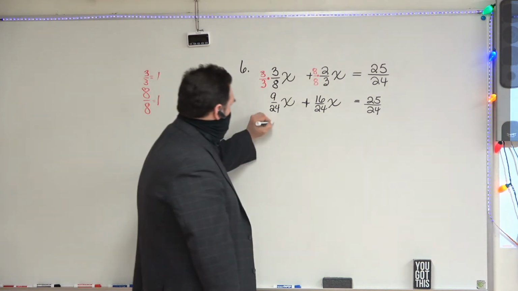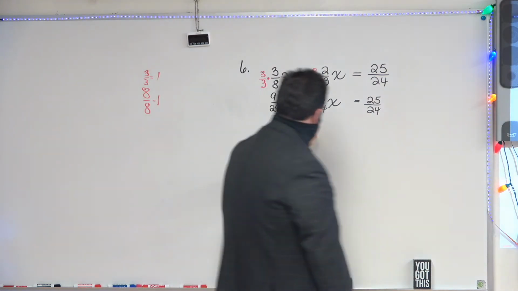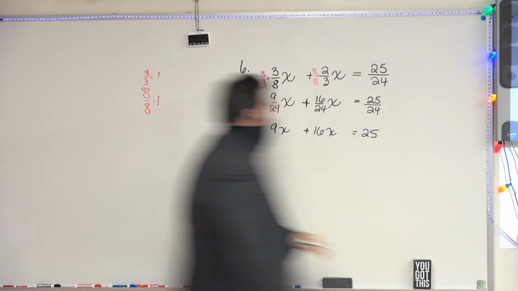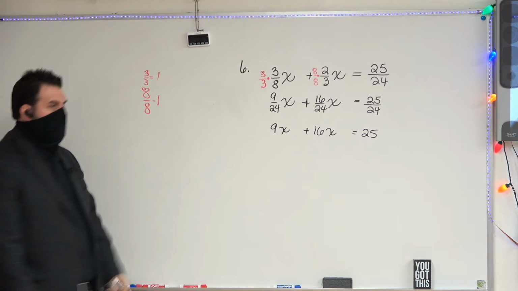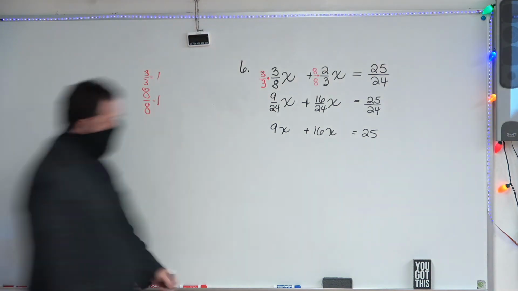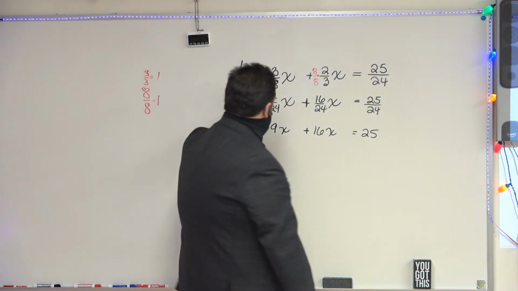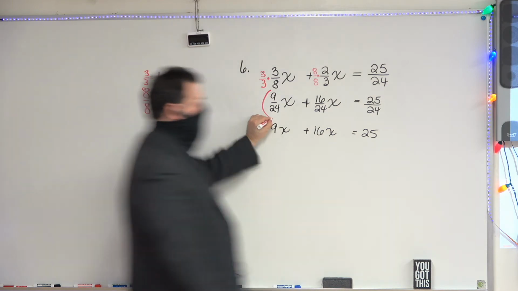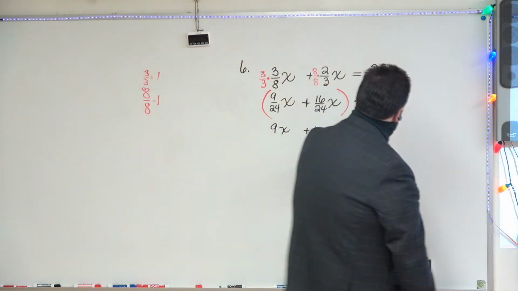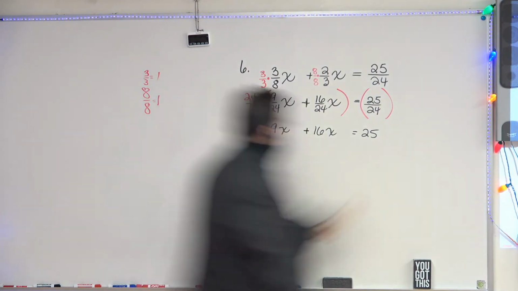We can just write this like this. In other words, we can just get rid of the 24s. Because what we're doing, I'm going to multiply both sides of the equation by 24 over 1.